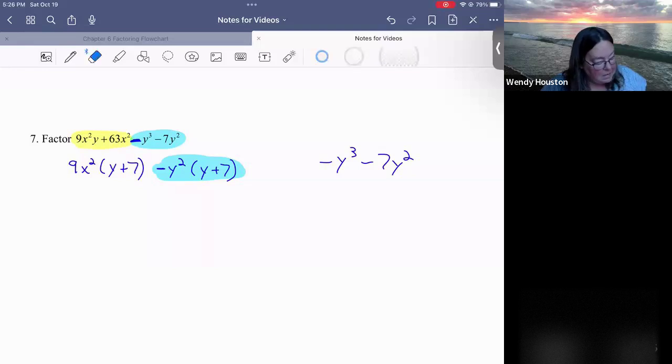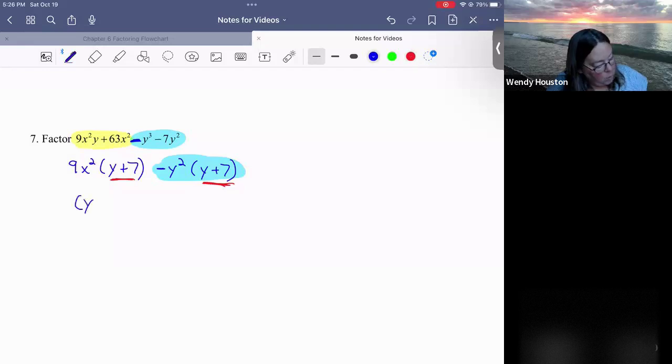And so another hint is that if these 2 wind up being the same, I'm pretty sure I'm on the right track for a factoring by grouping. So I finish this off by noticing that these 2 factors are now a common factor in this piece. So I can pull that out. So I have y plus 7, and then what's left is 9x squared minus y squared.